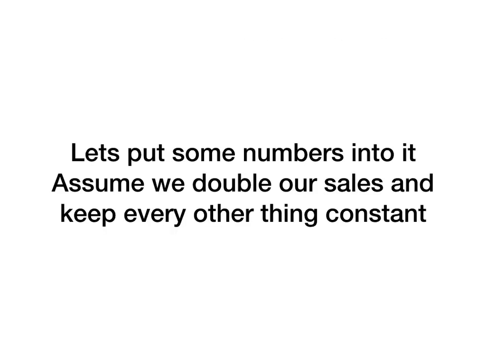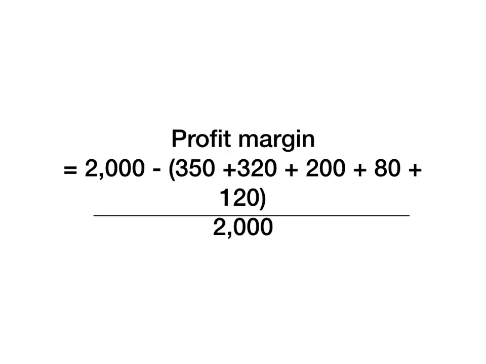To make this clearer, let's use some numbers. Let's assume we double our sales and keep everything else constant. That is, we double the net sales, but we keep the COGS, cost of goods and services, and the SGA. We can't keep taxes constant, so let's assume we double taxes, and we keep the interest and other expenses constant. What happens?